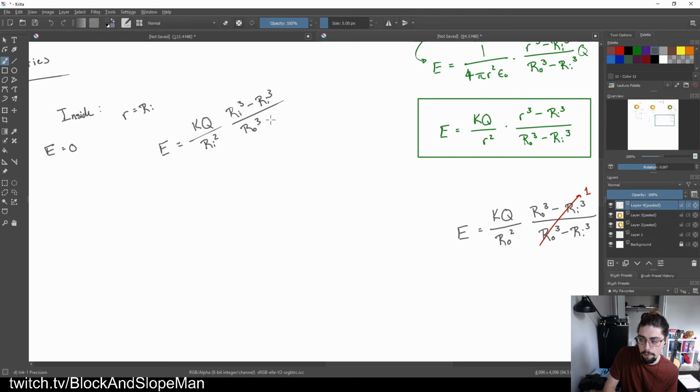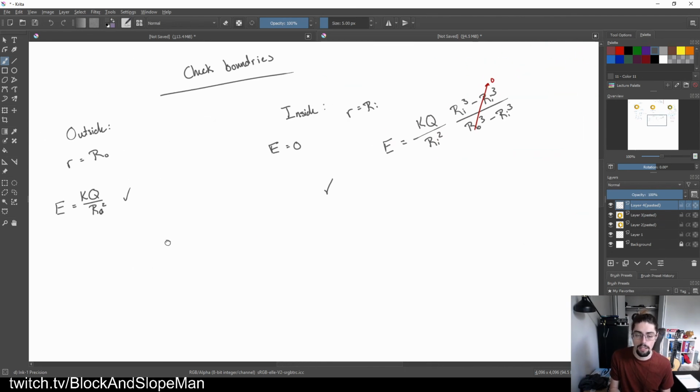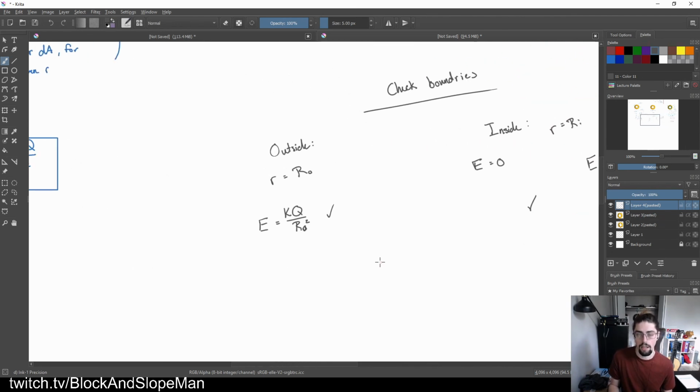And I know I'm going up and more and more and more at a slant. But what we see is that this term right here goes to 0. Boundary condition satisfied. All 3 of our electric fields agree at the points where they meet up, and that's a good sign for us. That suggests to us that everything was probably done correctly, because it's an unlikely coincidence that everything matches up and we did something wrong. So it's just a nice little way to check your work to make sure that everything kind of makes sense.